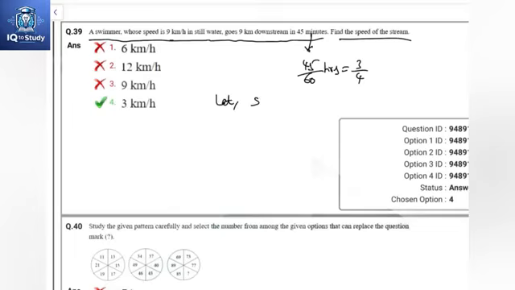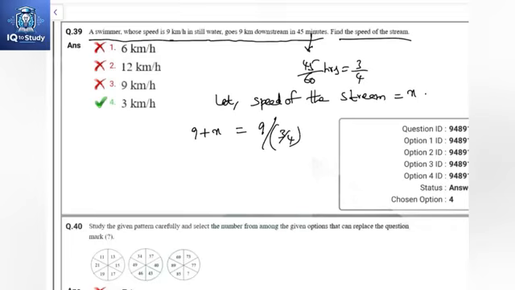Let the speed of the stream be x. According to the question, a swimmer whose speed is 9 km per hour in still water goes 9 km downstream in 45 minutes. It means 9 plus x is equal to 9 divided by 3 by 4, which implies 9 plus x is equal to 9 into 4 by 3.